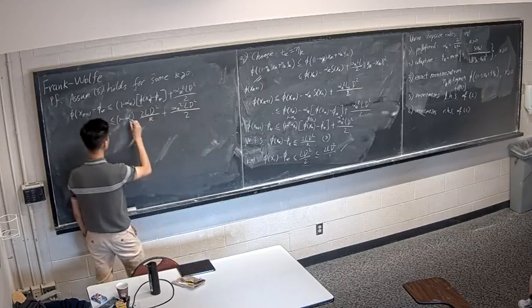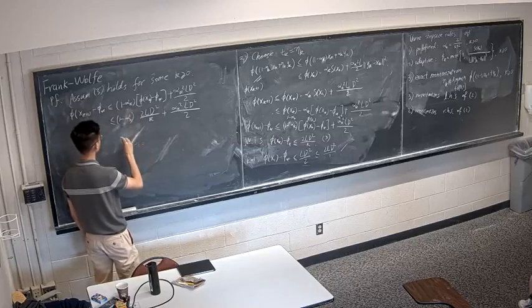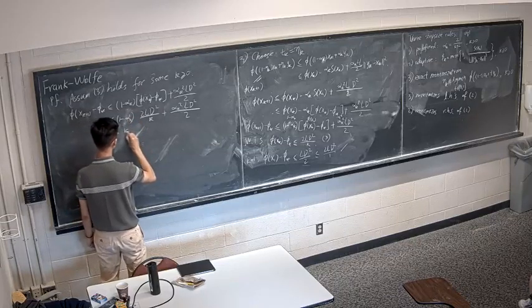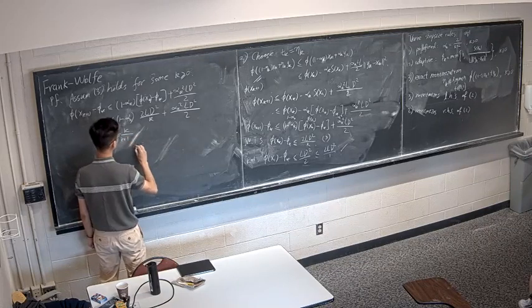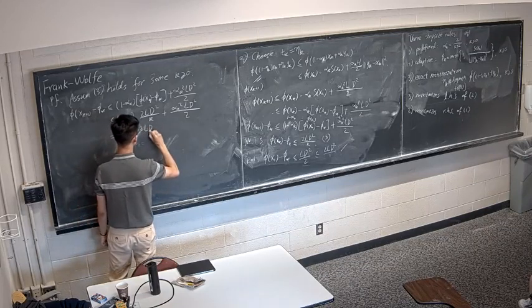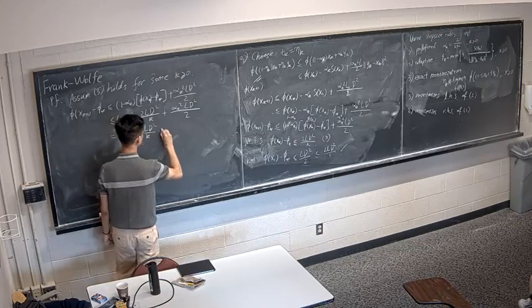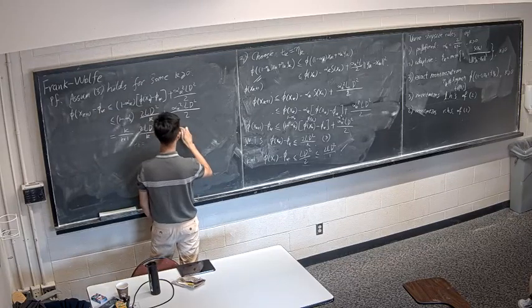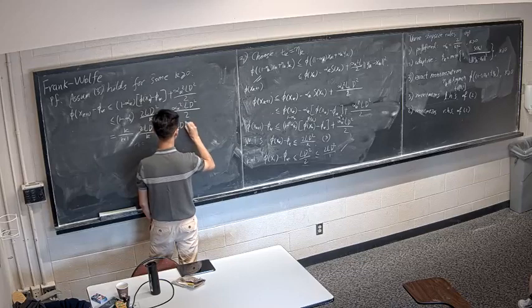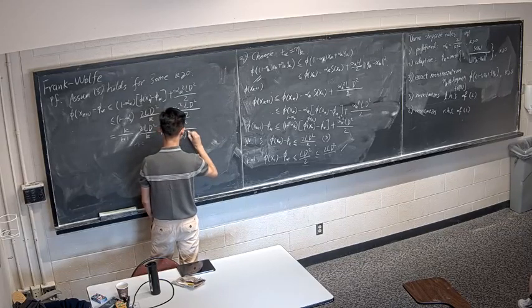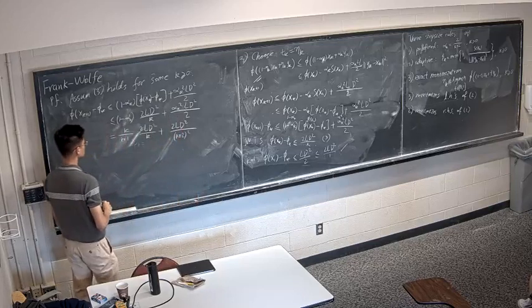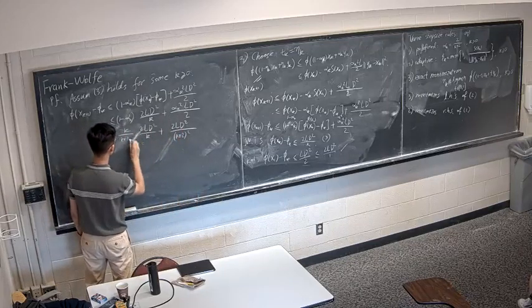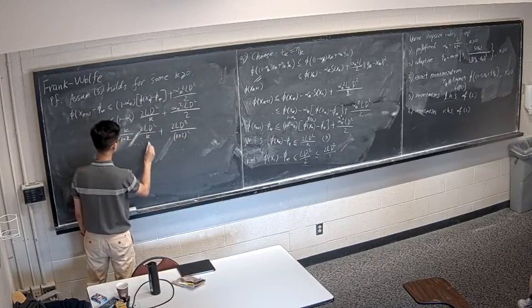And now let's use the formula for alpha k. So this is k over k plus 2. Right, so this is k plus 2.